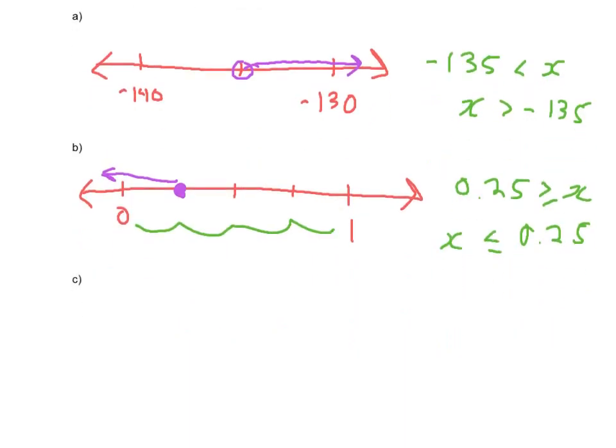I'm going to put one on here that I'd like you to do on your own to convert from the number line into the algebraic expression. Okay, so it looks like this. We'll draw our number line out here.